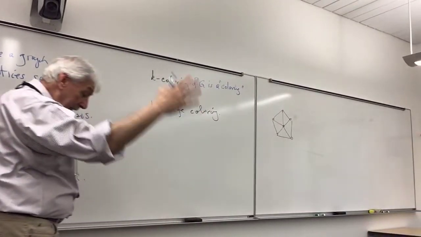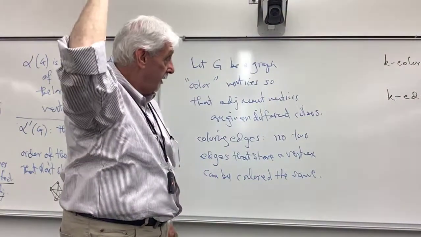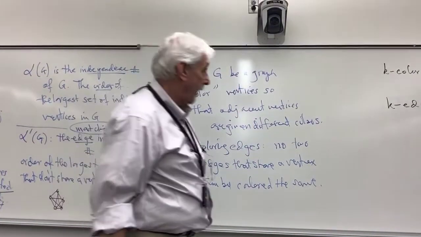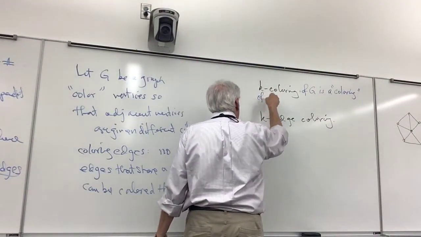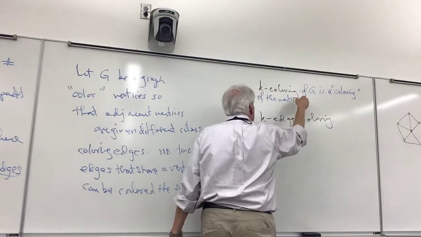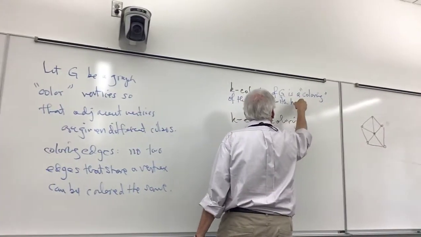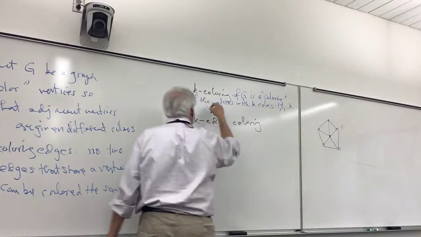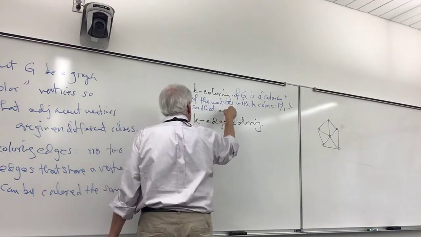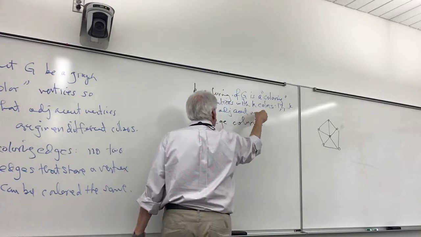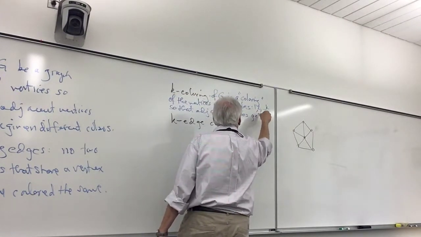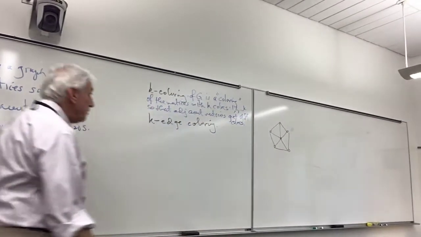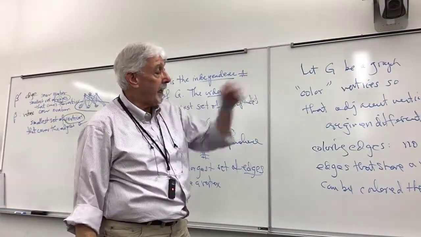So you can think of it, if you don't like colors, I don't like colors, being colorblind, as an assignment of 1 through some number K. So it's a coloring of the vertices with K colors, or if you want 1, 2, up to K, so that adjacent vertices get different colors. Okay, so that's a K coloring.